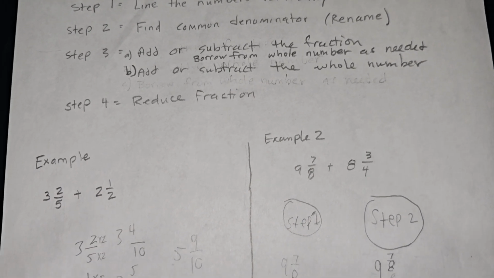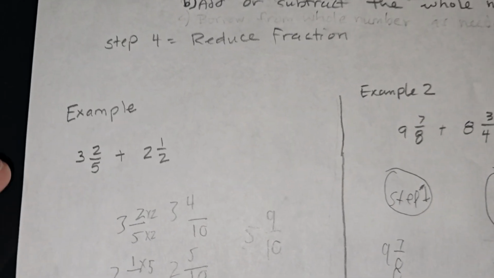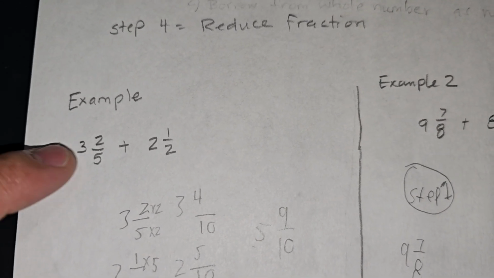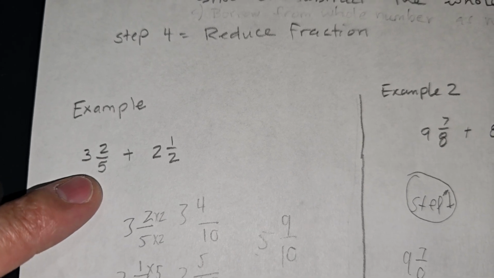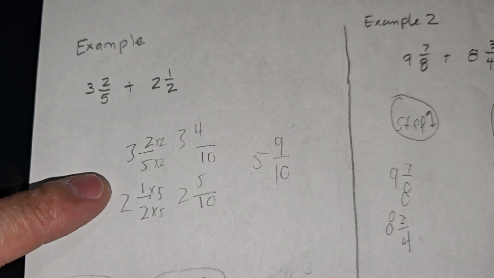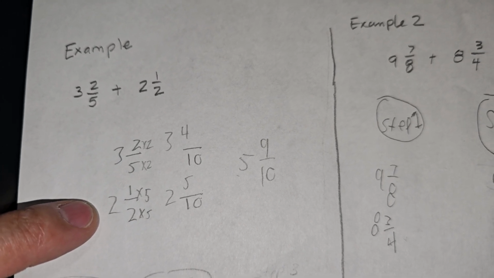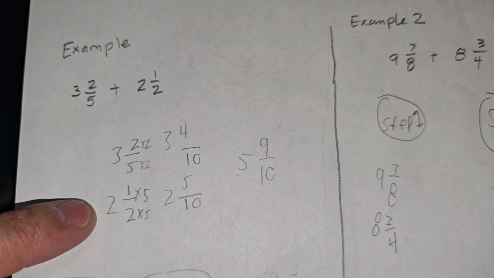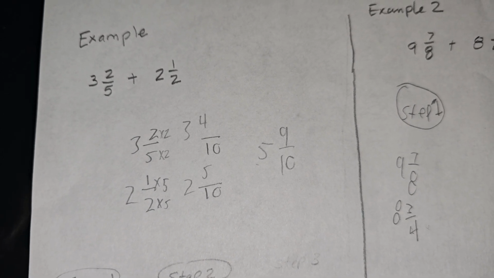Okay, so let's look at some examples. Okay, let's look at this example here. 3 2/5 plus 2 1/2. Okay, so the first thing we have to do is write it out vertically. So right here, 3 2/5 and 2 1/2. Okay, so once that's written out, we realize that the common denominator of the fraction is 10.